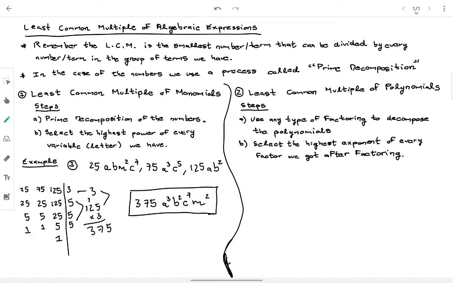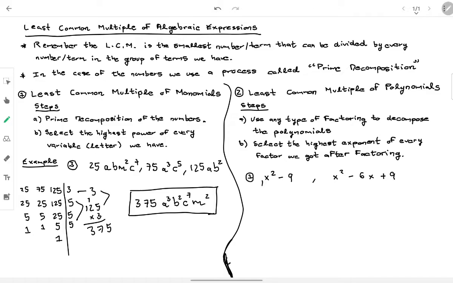So we will select the highest exponent of every factor we got after factoring. So let's see some examples. Of course, in this type of exercise, we'll need to review the types of factoring cases. We need to check out and remember what we have seen on last videos and last semester.